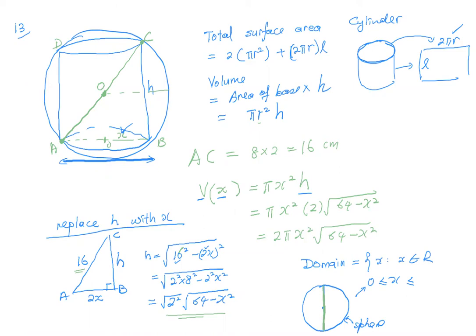So another extreme will be, this is a sphere. The cylinder goes like that. And this is the radius of the cylinder. The height is 0. So you tell me what is the maximum value for x in this case?